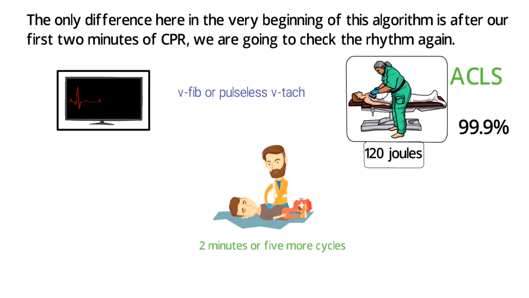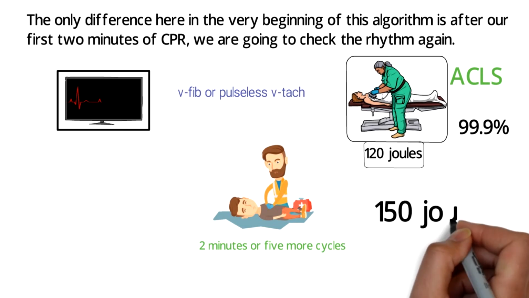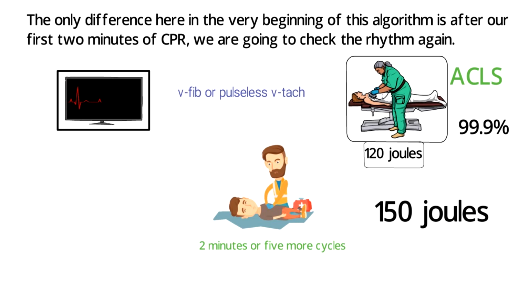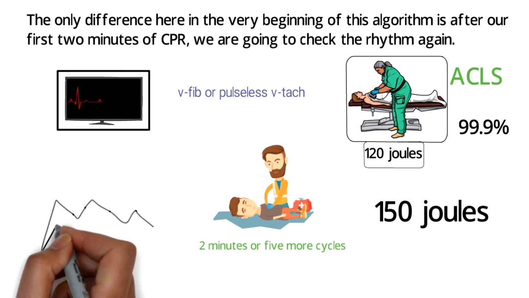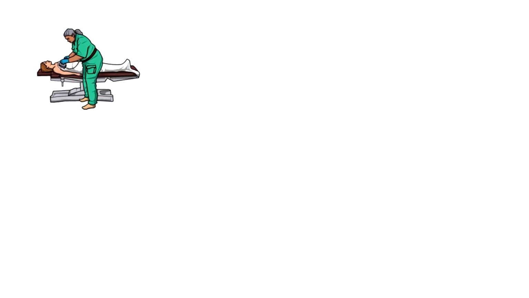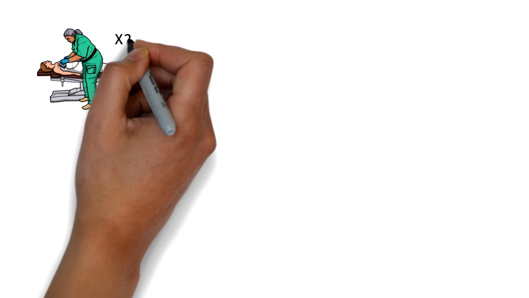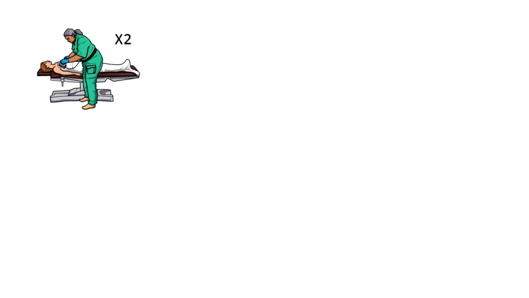And if it is shockable, which you're going to hope that it is, we are now going to shock them at 150 joules. Remember when I said those stacked shocks? So the joules get higher and higher with each shock. So after we have shocked the patient twice, we're going to resume our CPR, immediately going back to chest compressions.